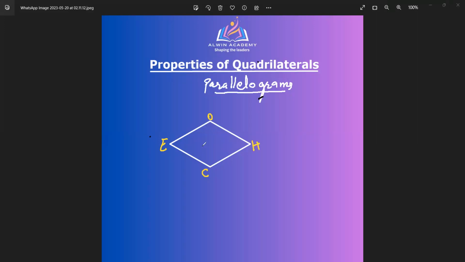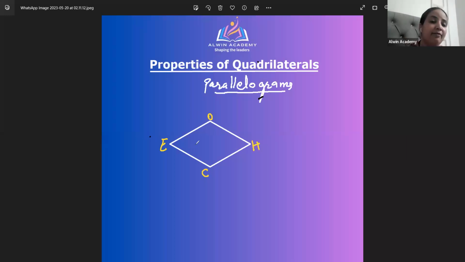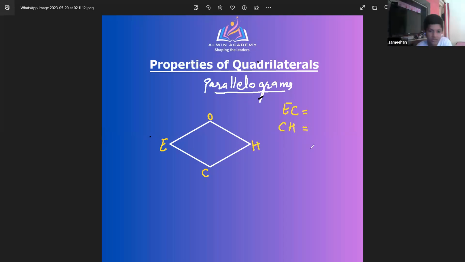So now this ECHO parallelogram that I have, let's write things for this. When I say opposite sides are equal, can you tell me, EC is equal to what? And CH equals to what? EC equals OH and CH equals EO. Very good.